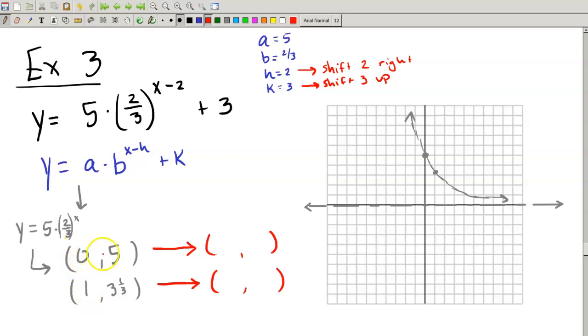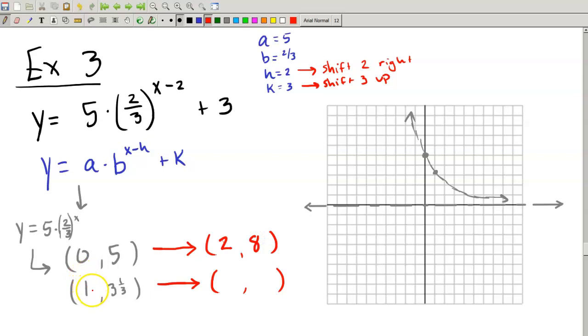So my h value is going to change my x's. So this 0, 5 point right here is going to change: 0 is going to become 2, because I'm going to add 2 to that number. 0 plus 2 is 2 because of the h value. And then my y value is going to increase by 3. So 5 I start with, but the k value is 3, so I'm going to add 3 to that. Everything is shifted up, so that's going to become an 8.